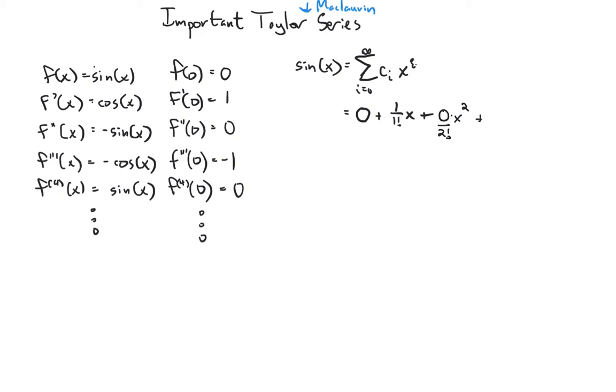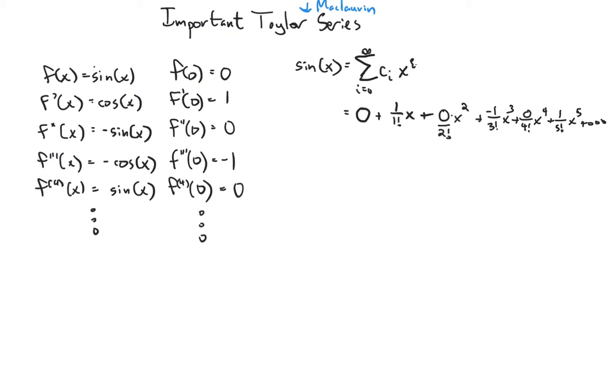And then we have plus -1 over 3 factorial times x cubed, since the third derivative evaluated at 0 is -1, because remember this is a Maclaurin series, so we're centering our series at 0. And it continues like this. So we have 0 over 4 factorial x to the 4th plus 1 over 5 factorial x to the 5th, and it continues on.